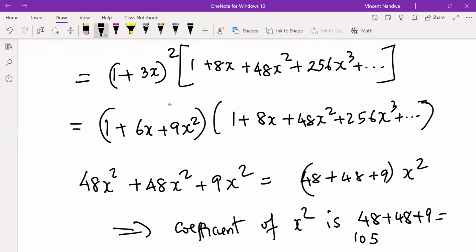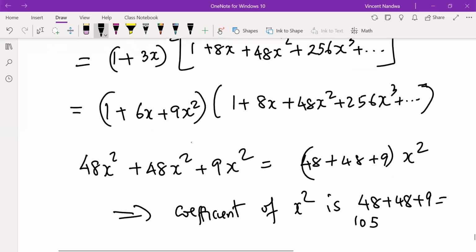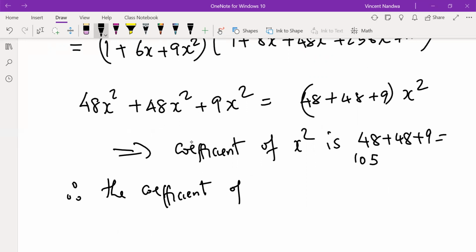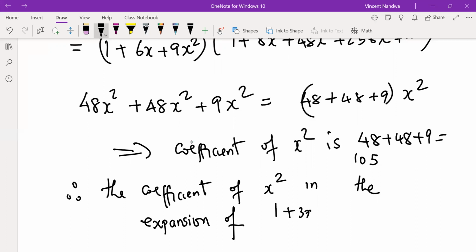So therefore the coefficient of x squared in the expansion of (1 plus 3x) squared over (1 minus 4x) squared is 105.